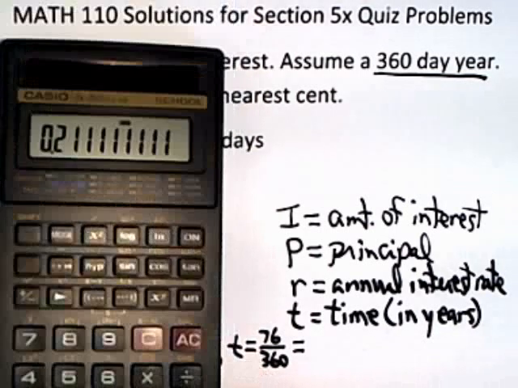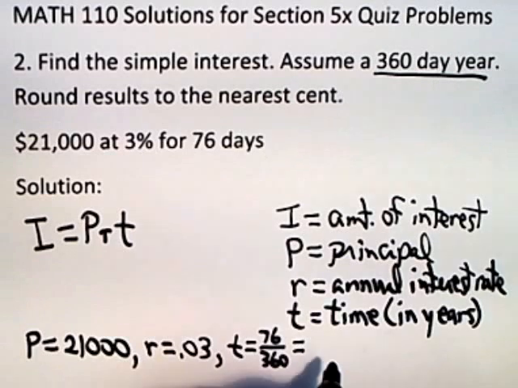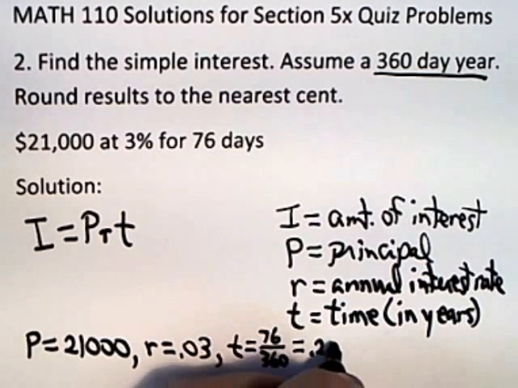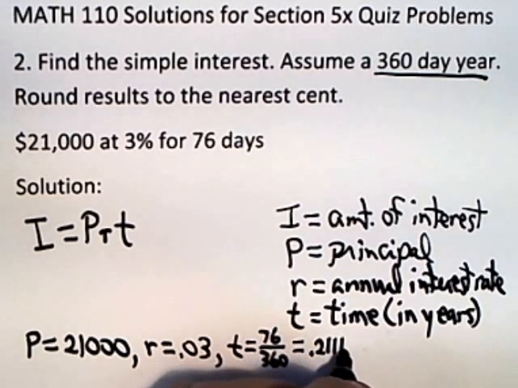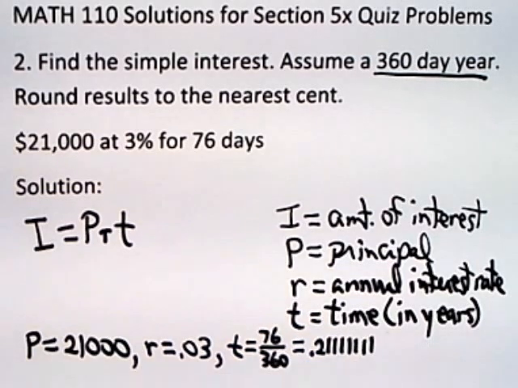So I want to take lots of decimal places when I write that down. So I'll just call it 0.21111111. Just a lot of decimals, a lot more than you think you might need.